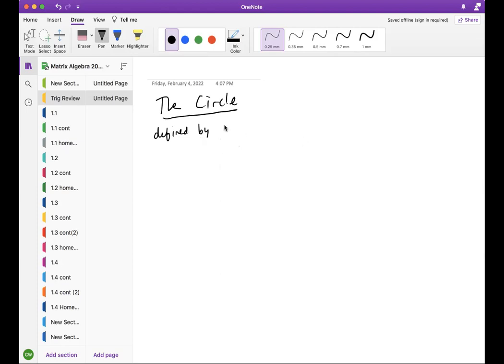So circles are defined by a center and a radius. Points on the circle are points a radius away from the center.